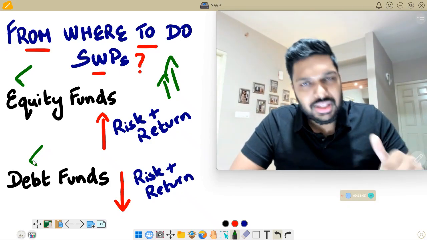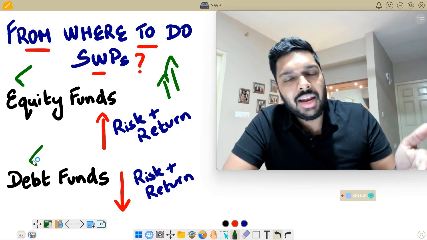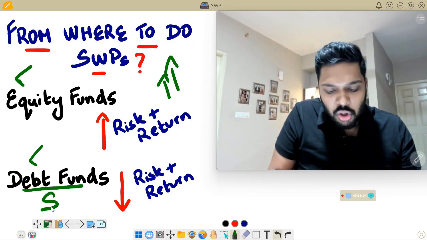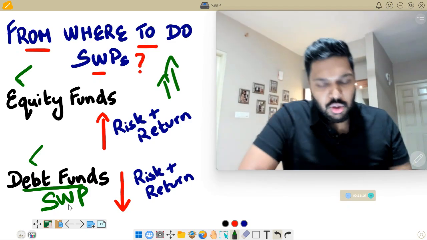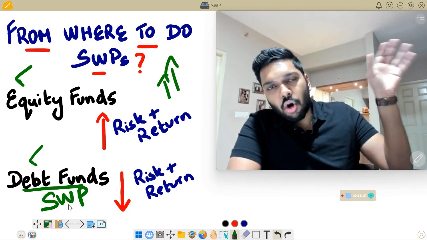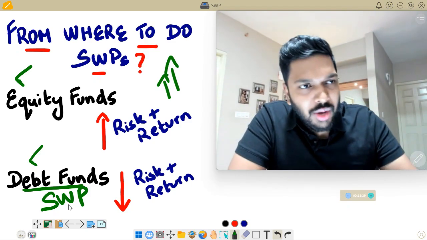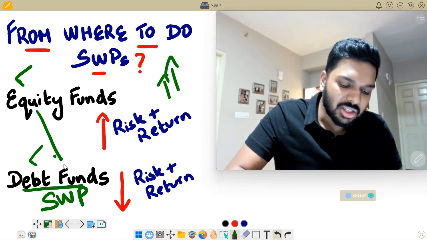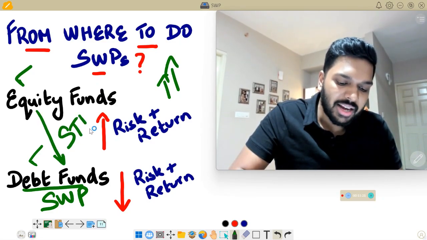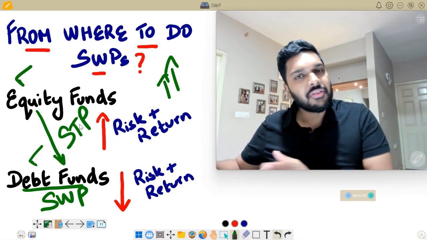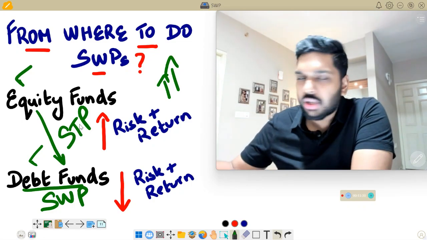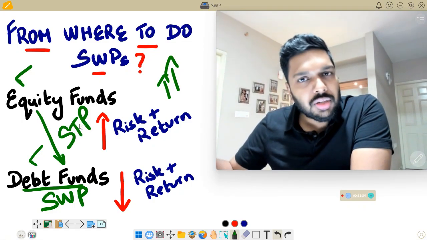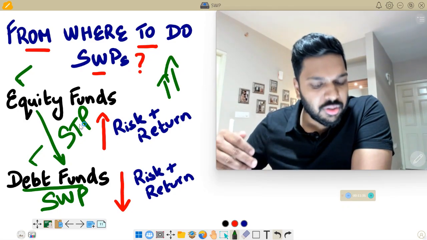And once you do that, and once you say, okay, let me start withdrawing that, you can use debt funds for your SWP. So the obvious question is that, okay, once I have a corpus built in equity funds, how do I transfer to debt funds? Well, there is a mechanism for that, and that is called systematic transfer plan, wherein after, let's say, 10-15 years of your investment journey, you want to transfer the funds from equity funds to debt funds, you can use that STP route for transferring the funds into debt funds.